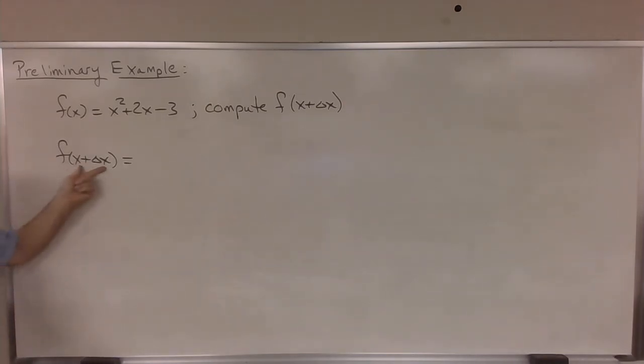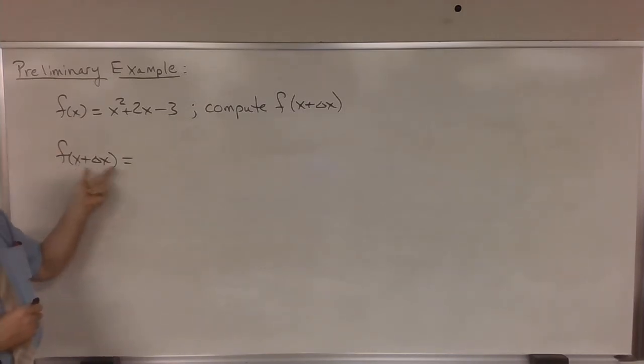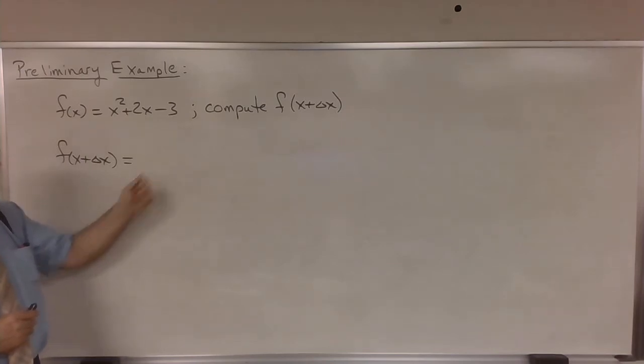Okay, so here's f of x plus delta x. Notice that down here, x plus delta x plays the role that x plays up here in the definition of the function f. So every place that we see an x up here in the definition of the function f, we're going to put x plus delta x down here.